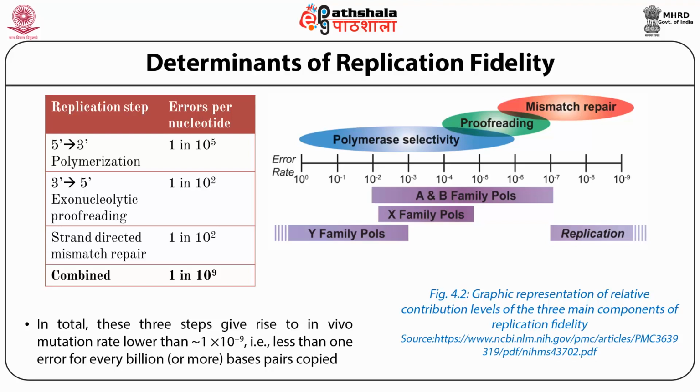In total, the 3 steps provide a combined fidelity of 1 error in 10 to the power 9 nucleotides synthesized by the DNA replication machinery.